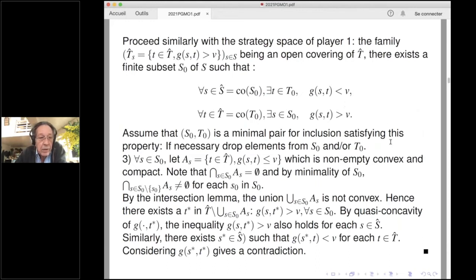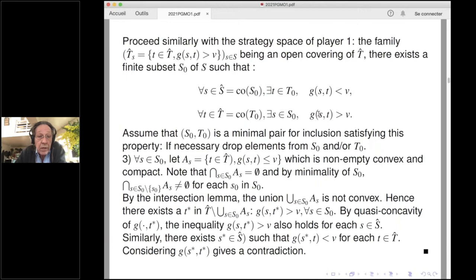Now, using this property, I see that for every S, the set A_S of T such that G of S,T is smaller or equal to V is non-empty, convex and compact. Convex and compact, it's because of the properties of G. Remember that G was quasi-convex and lower semi-continuous.